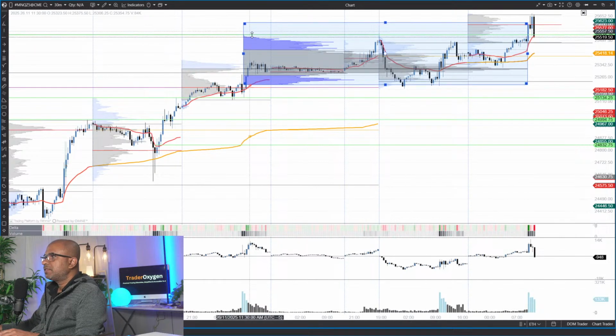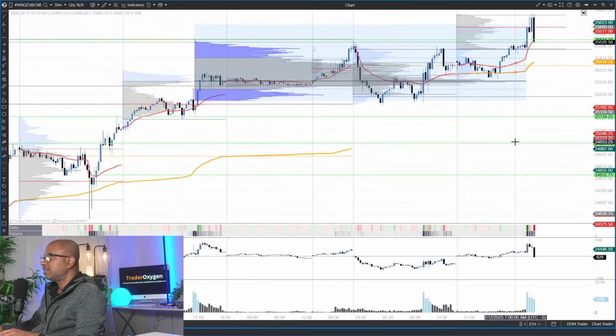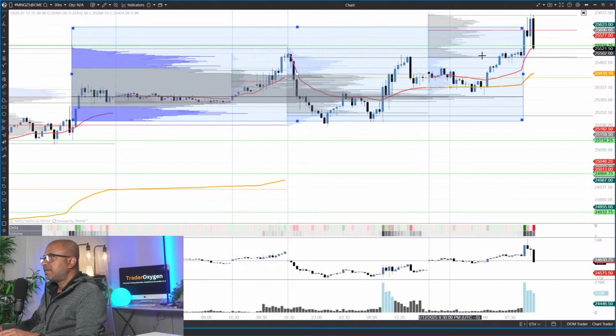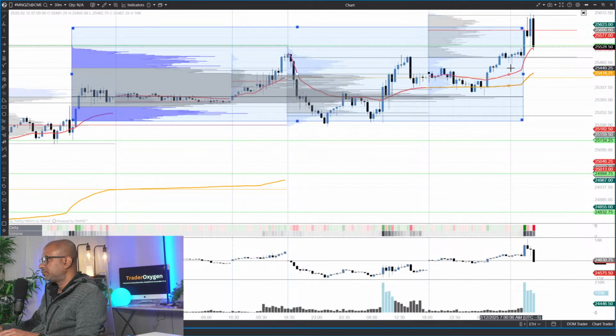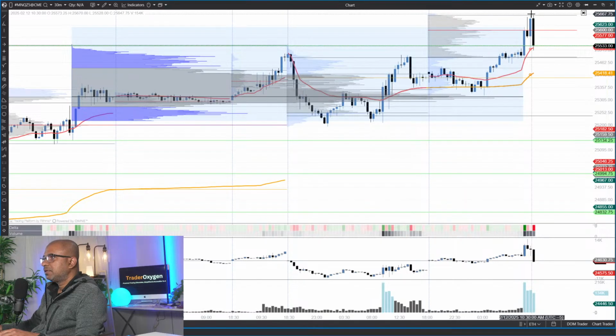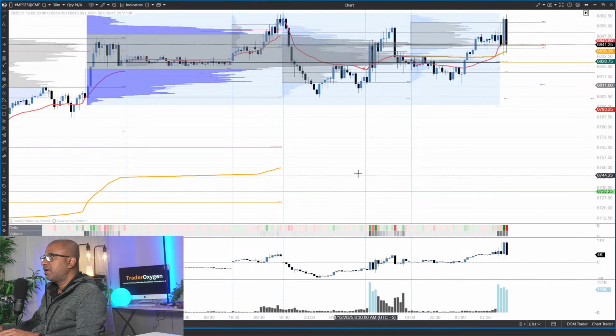So if we draw the fixed range volume profile into this, we can see in today's New York session in the Nasdaq, the price strongly pushed up away from the value area high. Then when you look at the S&P 500 index futures chart, you can see the same range.